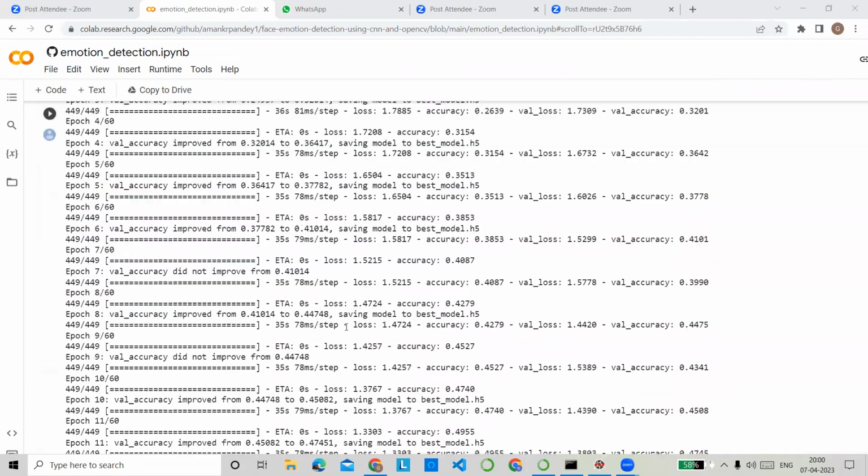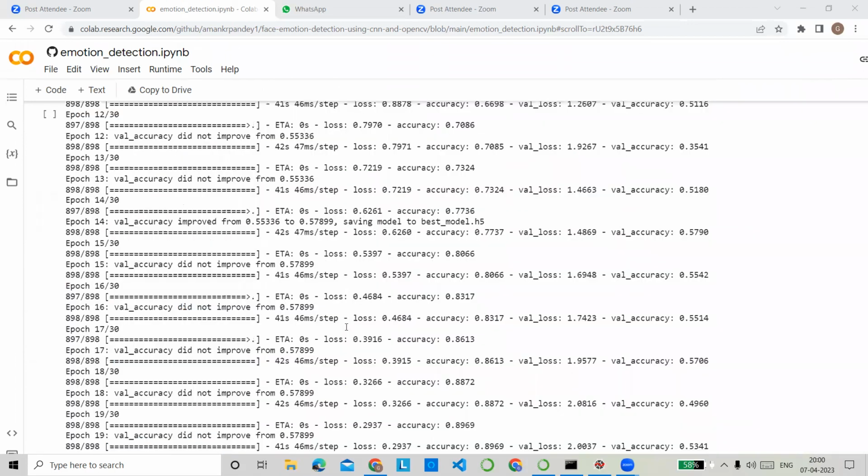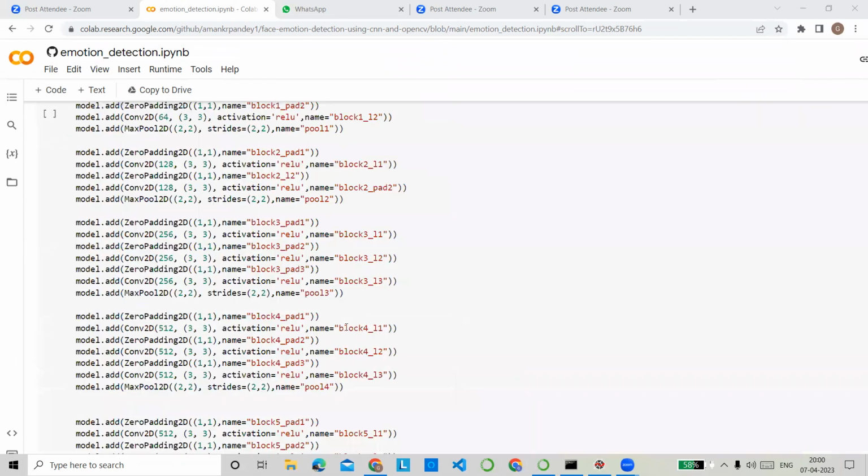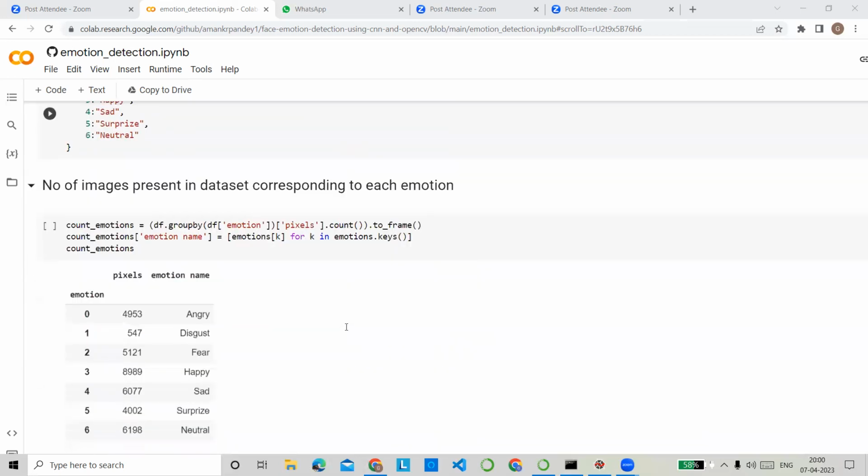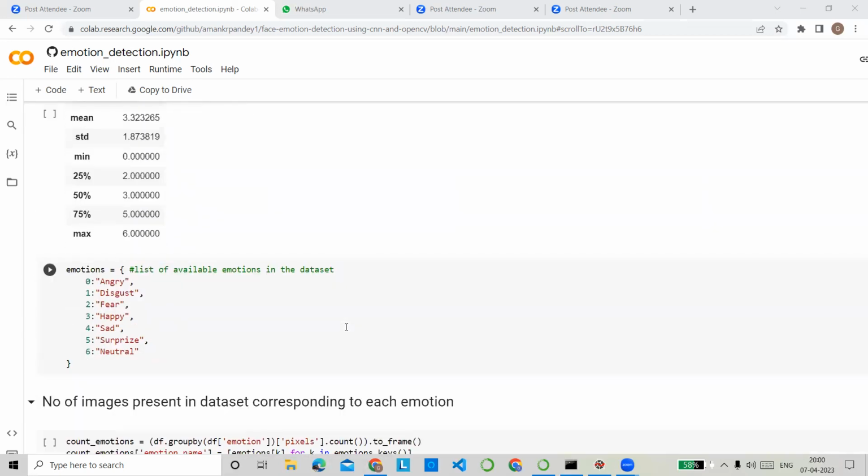So we used fine tuning, and in our dataset the available emotions were angry 0, disgust 1, fear 2, happy 3, sad 4, surprise 5, and neutral 6.